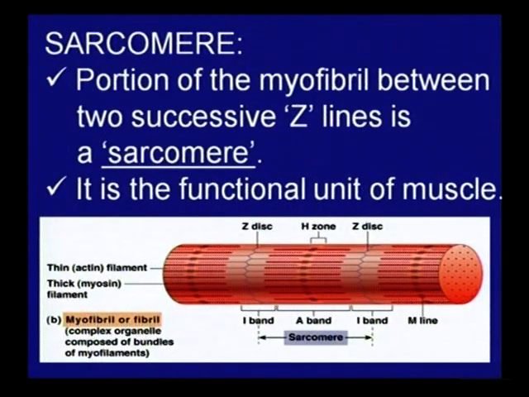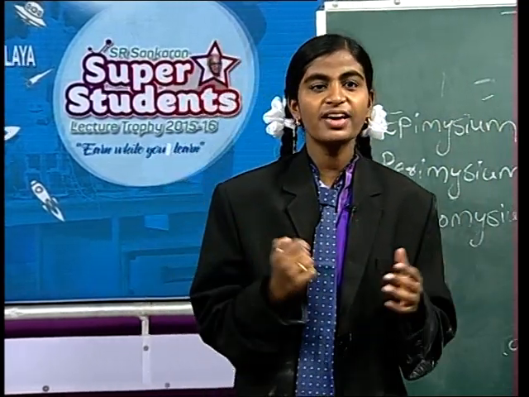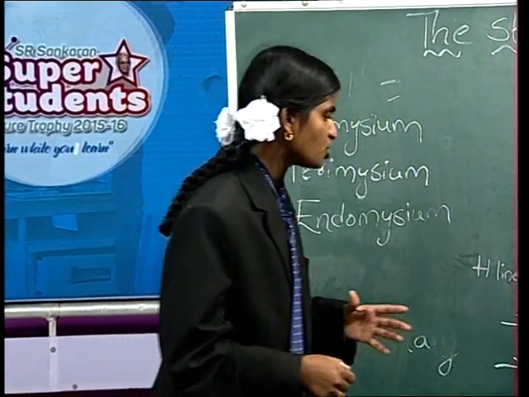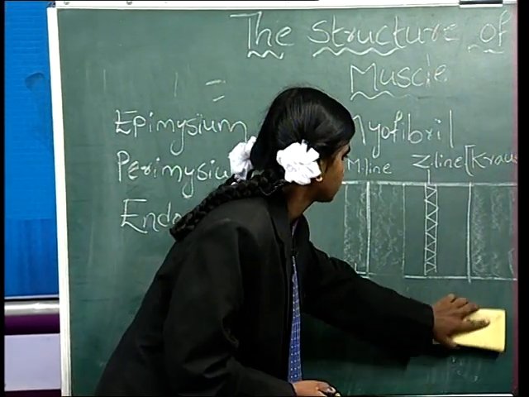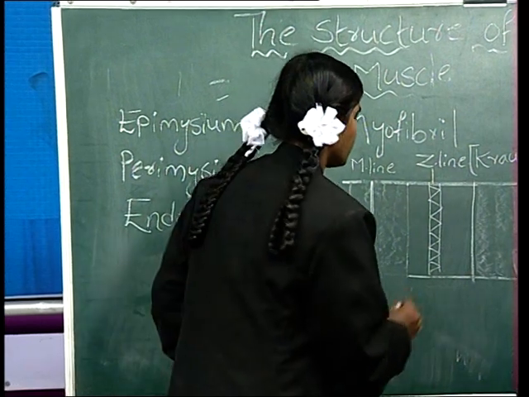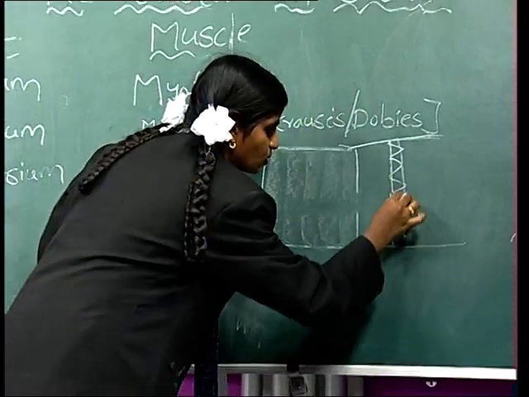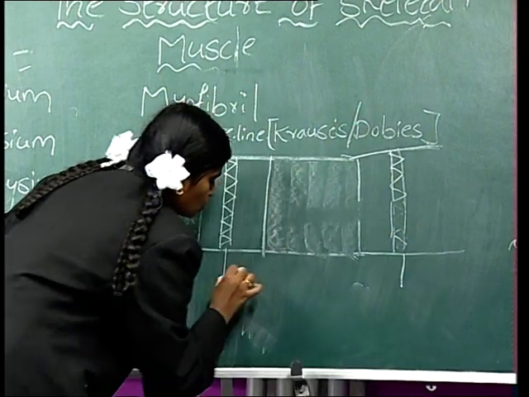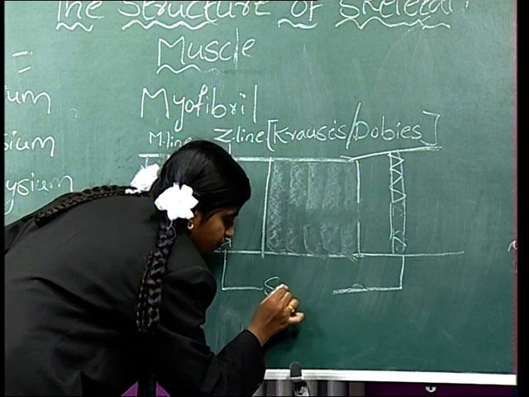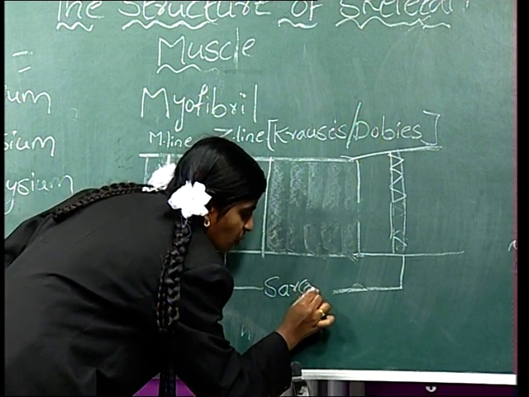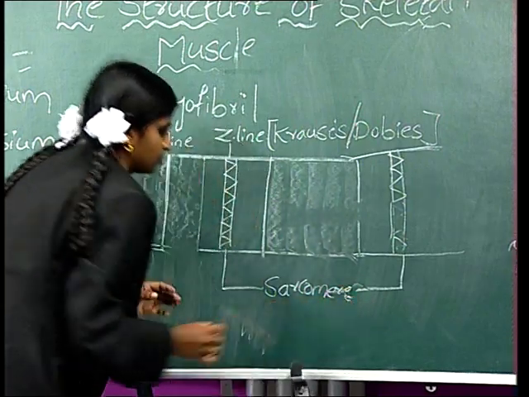Friends, do you know what a sarcomere is? Sarcomere is nothing but the portion between two successive Z lines. So here is a Z line and also here. These two Z lines constitute a sarcomere.